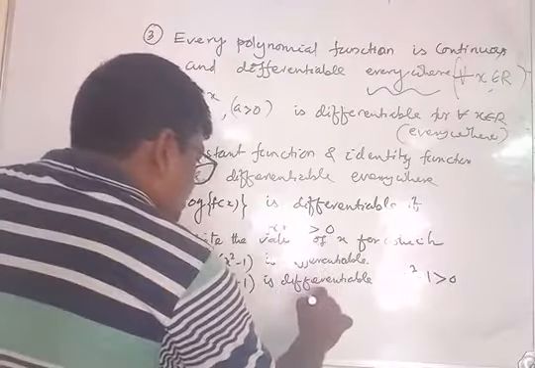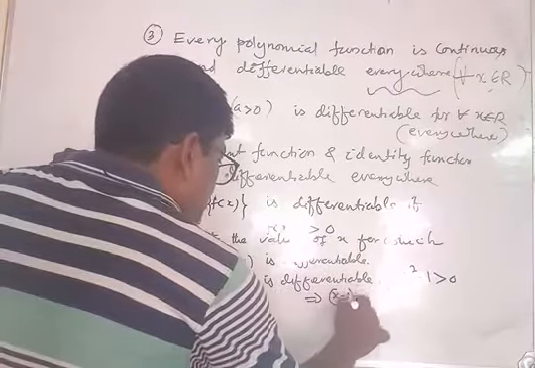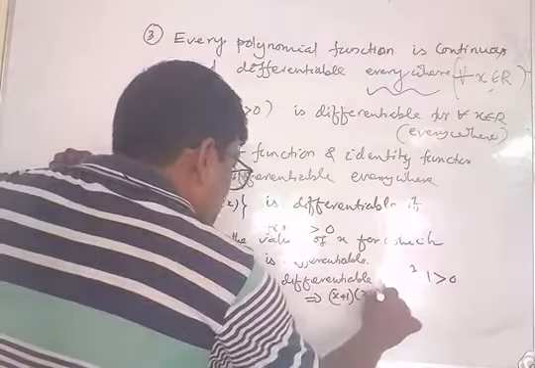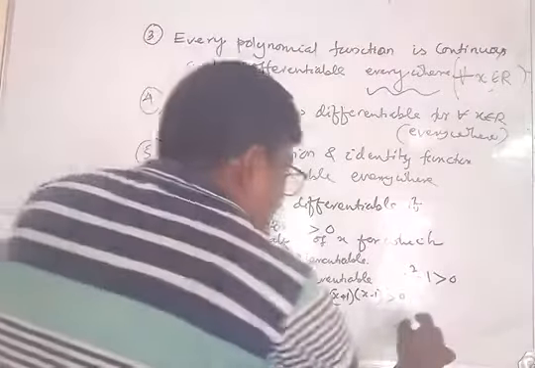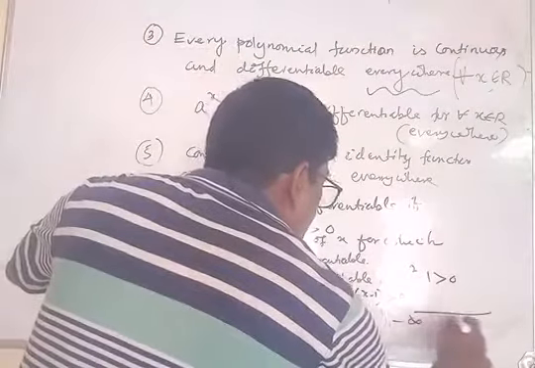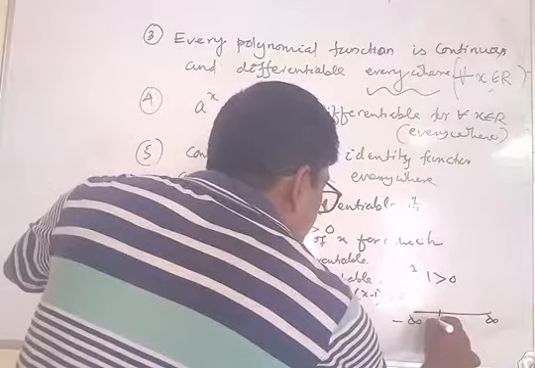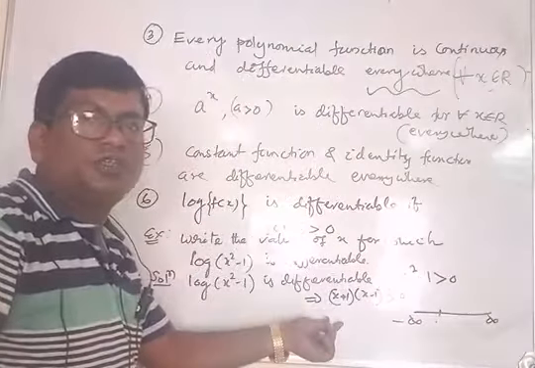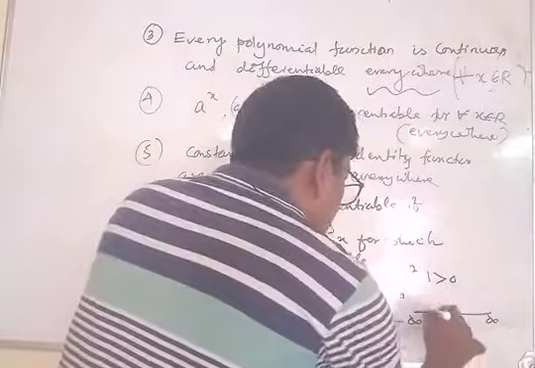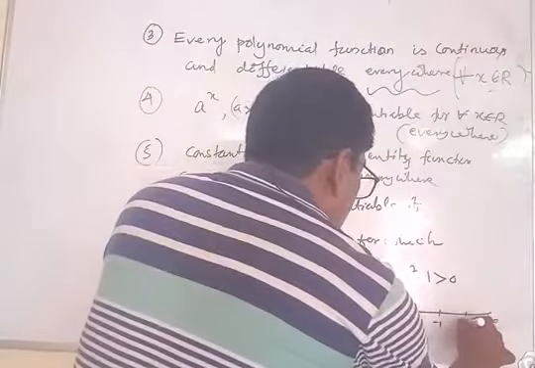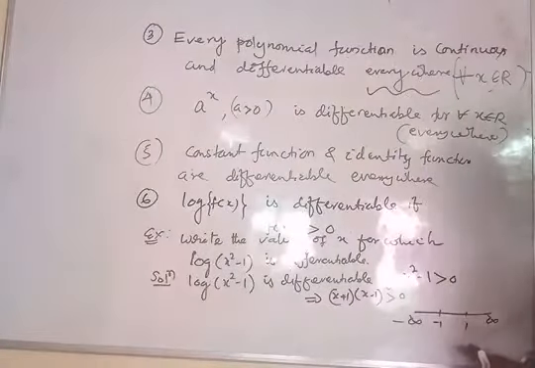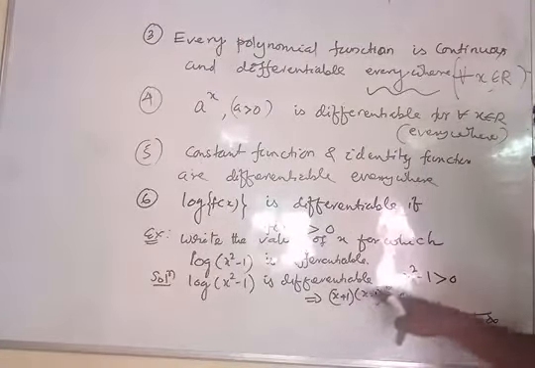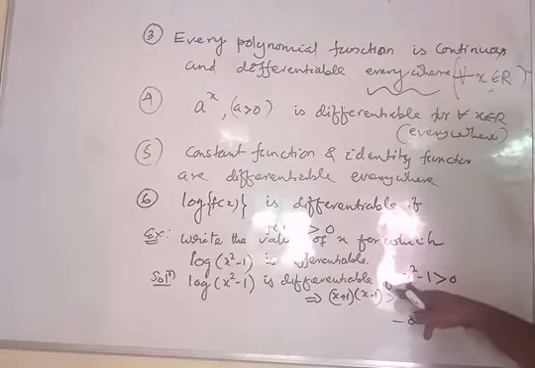That implies x plus 1 into x minus 1 should be greater than 0. Drawing the number line, minus infinity to plus infinity, x plus 1 equal to 0 gives x equal to minus 1, and x equal to plus 1. Put a number greater than 1, suppose 2: 2 square minus 1 is 4 minus 1, 3.